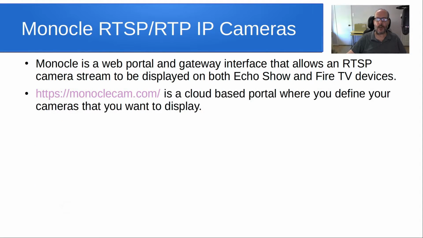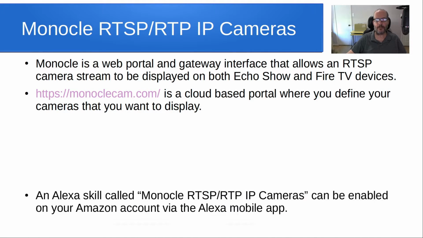So monoclecam.com is a cloud-based portal where you can define your cameras that you want to display. And the Monocle Cam site is a free site where you can create an account and establish the connection to your cameras. And that's really the topic of today's video.